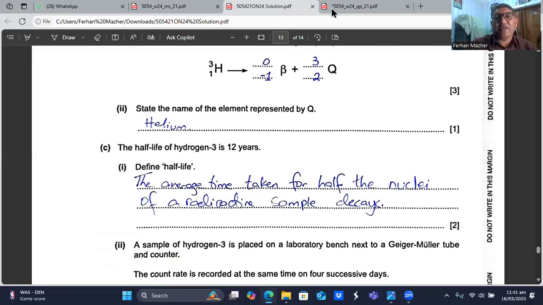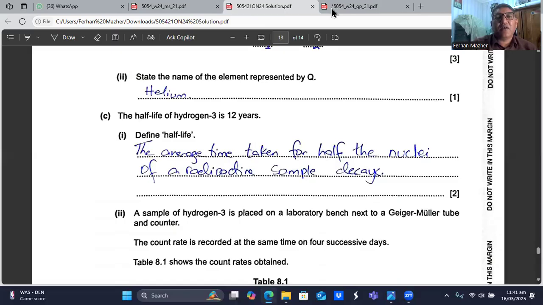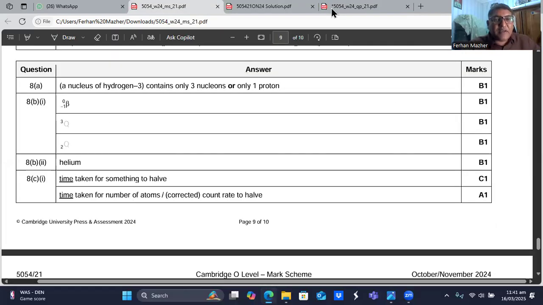The average time taken for half of the nuclei of a radioactive sample to decay. Okay? So have a look at the marking scheme: time taken for the number of atoms or corrected count rate to halve.